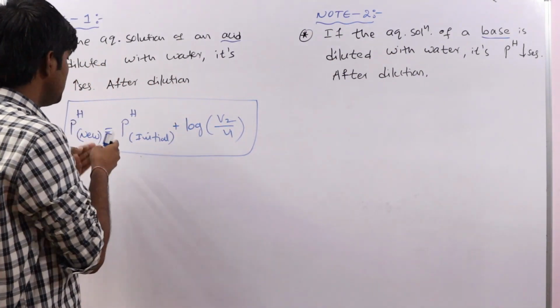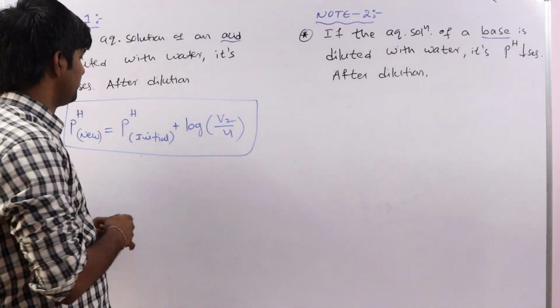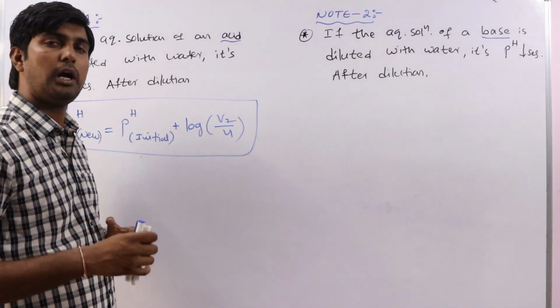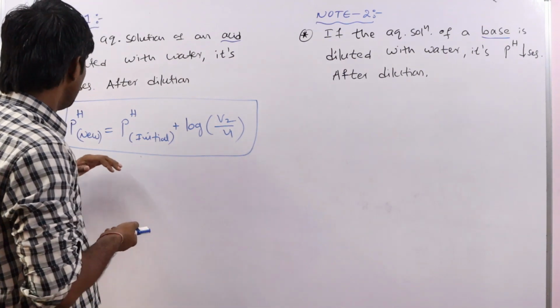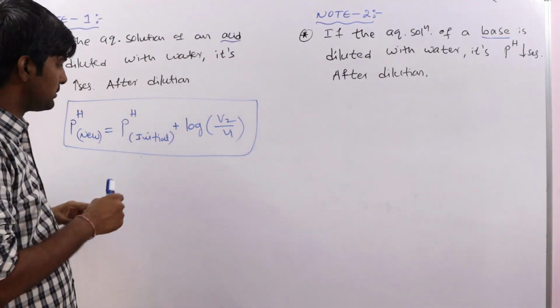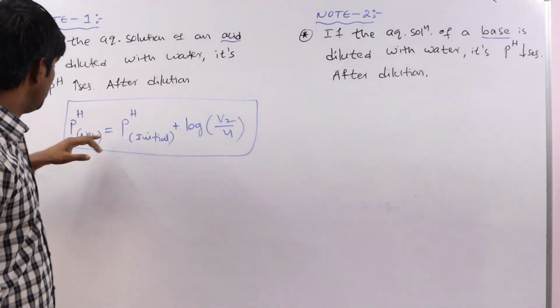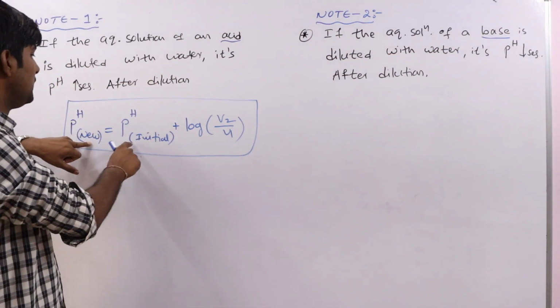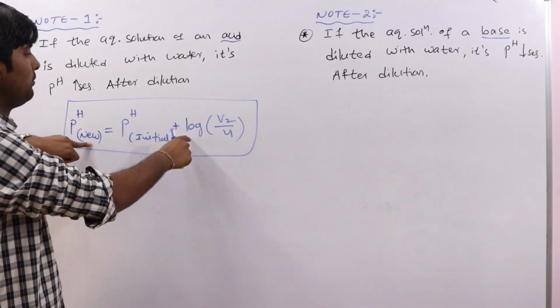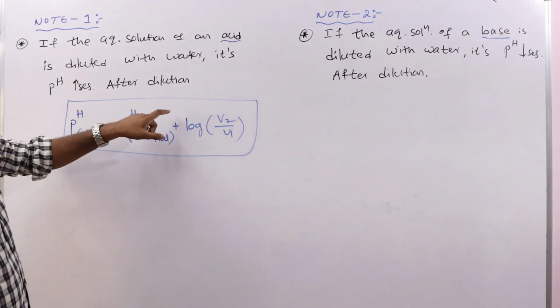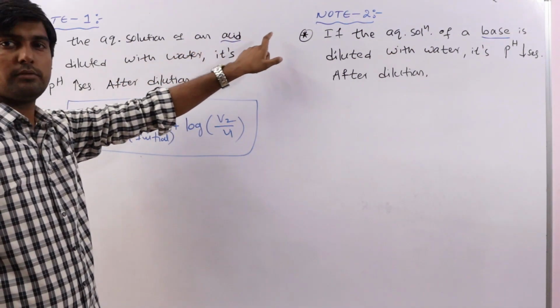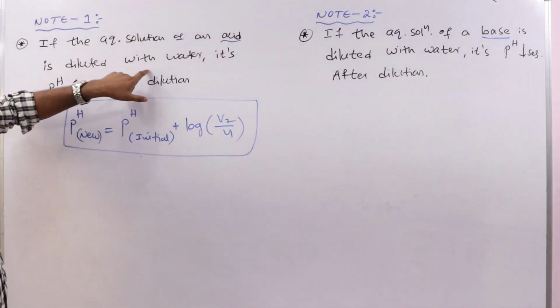By using this relation, within two or a maximum of three steps, we can calculate the new pH. Different types of questions can be asked that we discuss now. This is applicable when an acid solution is diluted with water.